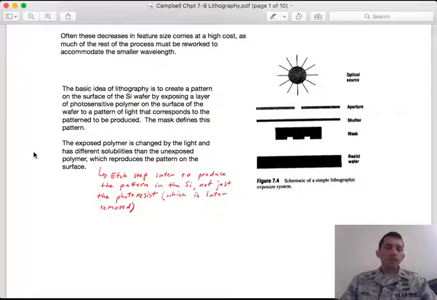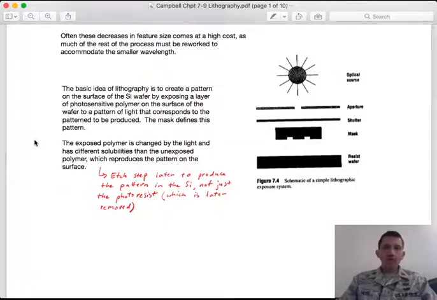As I go to smaller wavelengths, I could have higher absorption and less transmission at that wavelength. And also the photoresist, which we'll talk about in more depth in the next lecture, is wavelength dependent.